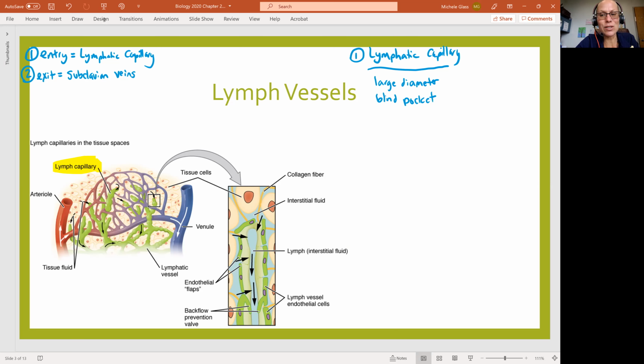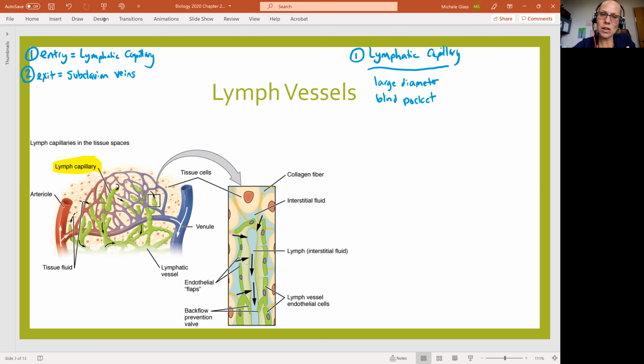We just have a starting point, like a pocket, right? And we can see that in our diagram. If we take a look at our close up view, we can see that blind pocket, a place where the vessel begins.